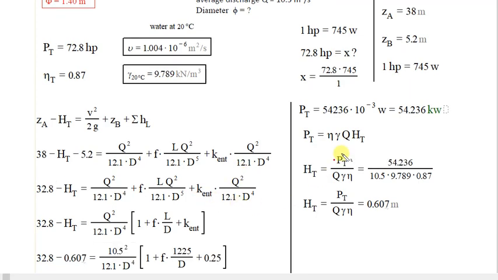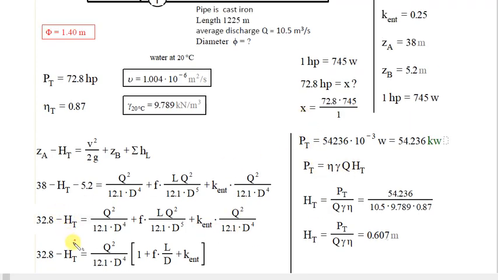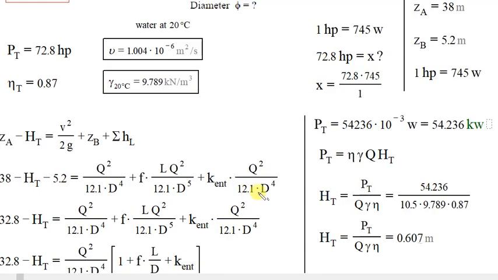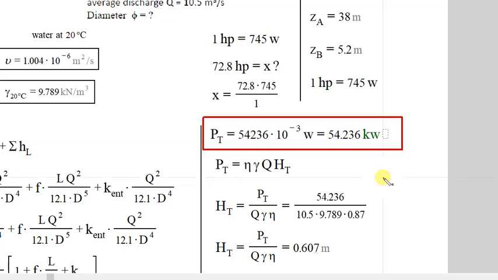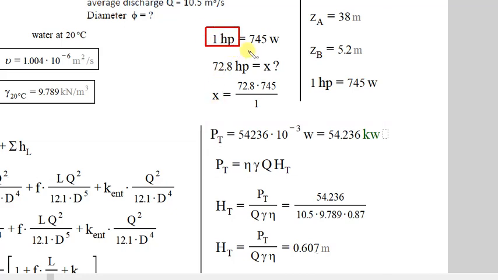Okay then. So when it comes now to the Bernoulli equation, we have two unknowns: head of the turbine and the diameter, because it's a diameter problem, a type 3 problem. The power was already given to us, but it was given in horsepower. It says 1 horsepower is equal to 745 watts, and we have 72.8 horsepower.